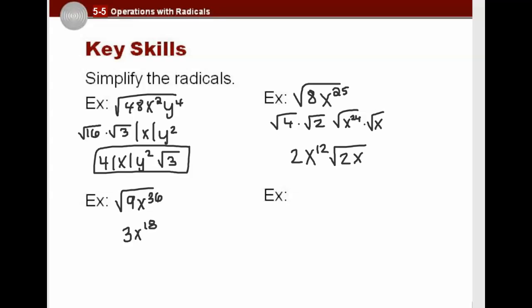Even becomes even, no absolute values needed. So the square root of 9x to the 36 is the same as 3x to the 18. So again, they're equivalent. If I plugged x in at the beginning or x in at my simplified form, it should be the same.